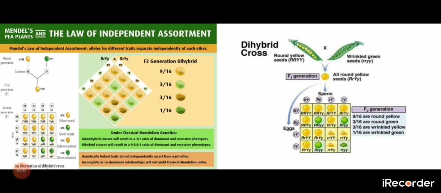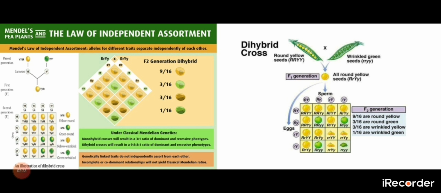The plants with yellow and round seeds, that is the pure one, were crossed with those having green and wrinkled seeds. In the parental cross, that is P1 cross, capital R, capital Y is crossed with small r, small y.